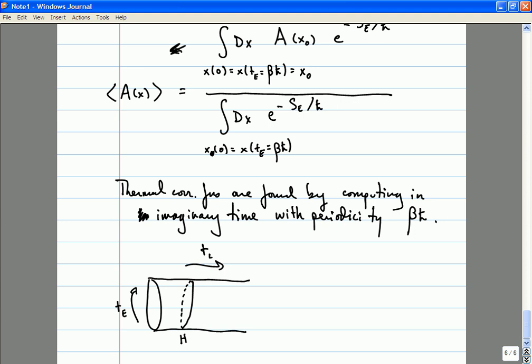Okay, I suppose I should say the Lagrangian. So the Euclidean action is found where I take my Lagrangian and you integrate it along this contour in the complex time plane. But we've folded up the complex time plane in order to make it periodic with period beta. Are there any questions?